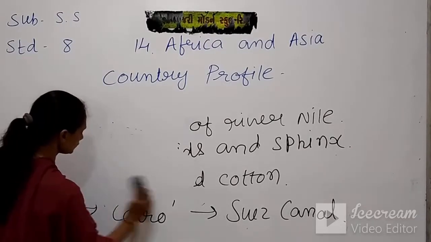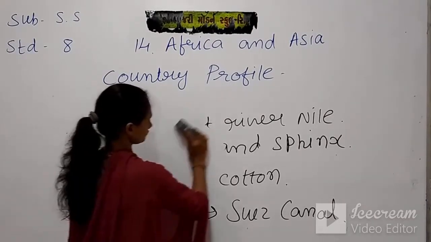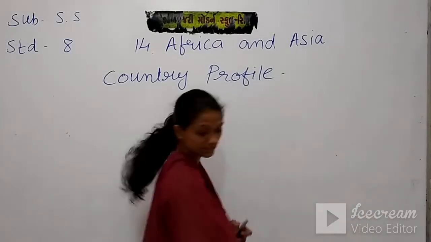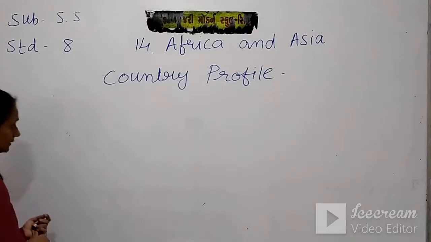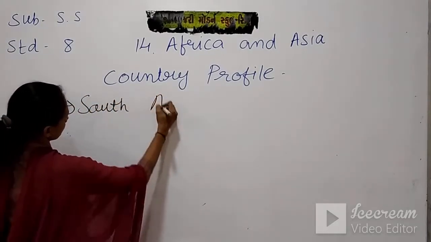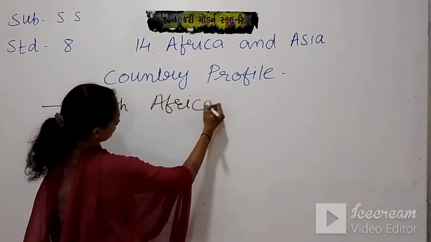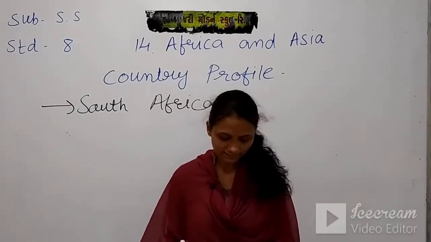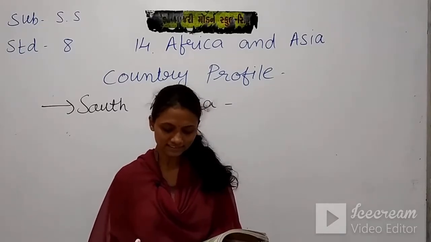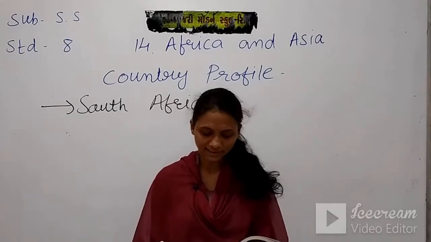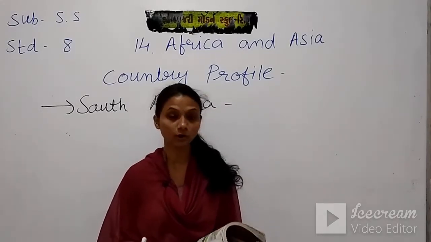Next we have South Africa. Very interesting places we have here in South Africa. It is the country located at the southernmost end of the continent of Africa. It is a country lying in a temperate zone with a tropical climate.